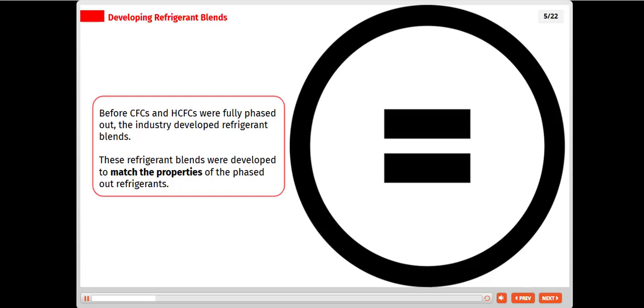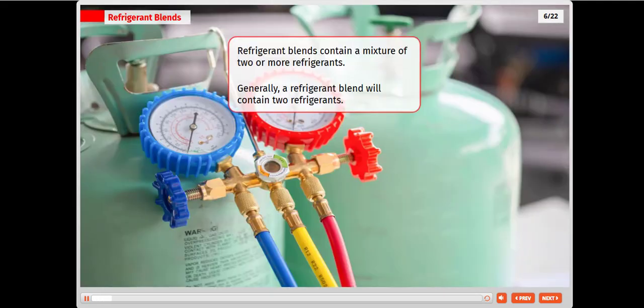Before CFCs and HCFCs were fully phased out, the industry developed refrigerant blends. These refrigerant blends were developed to match the properties of the phased-out refrigerants. Refrigerant blends contain a mixture of two or more refrigerants. Generally, a refrigerant blend will contain two refrigerants.